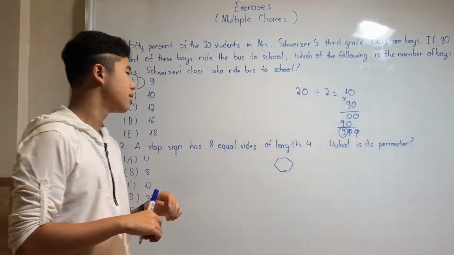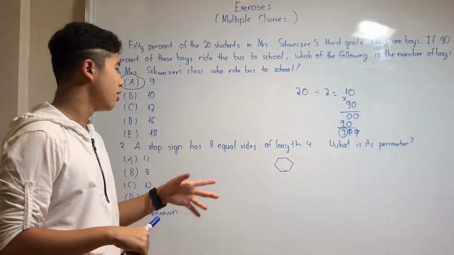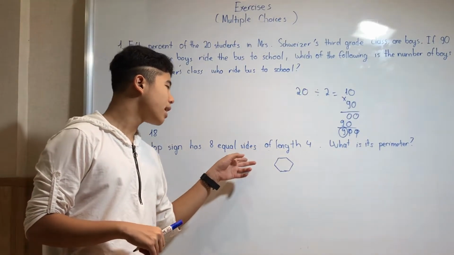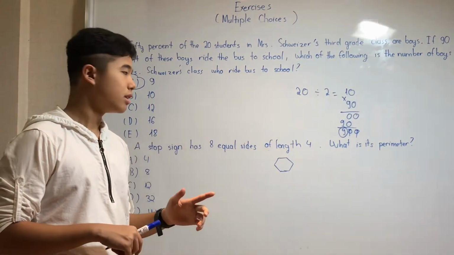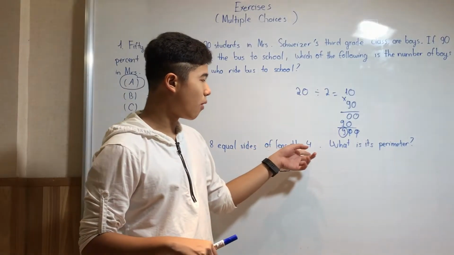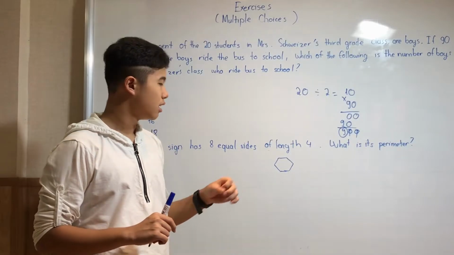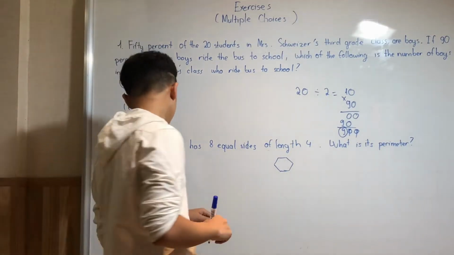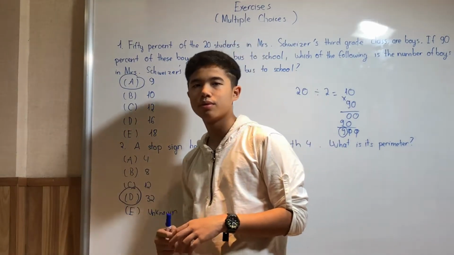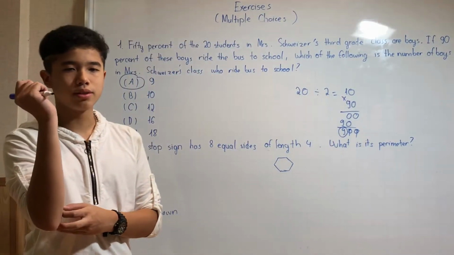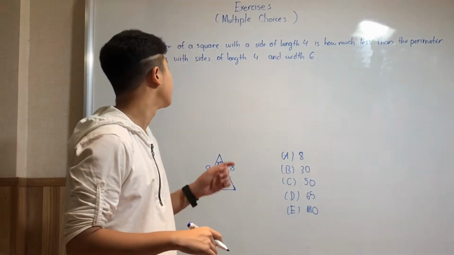Because they say the sides are equal, you can just take the length 4 they gave, times 8. 4 times 8 is 32, so the correct answer is 32. Let's move on to some more questions.